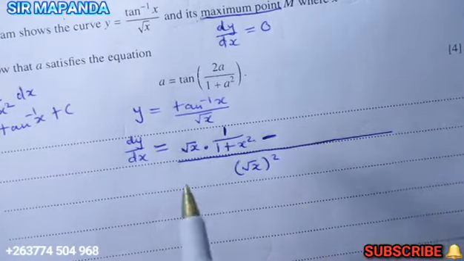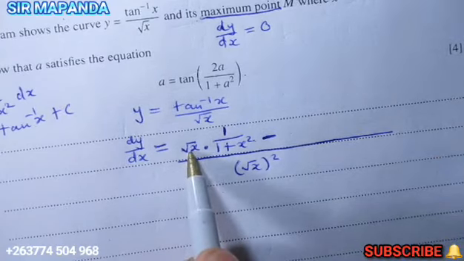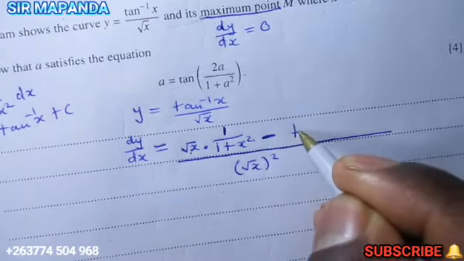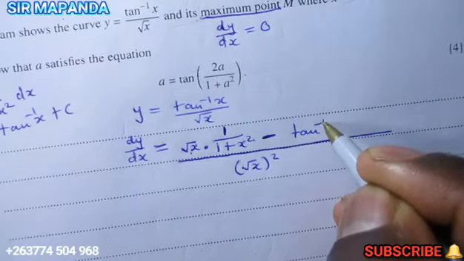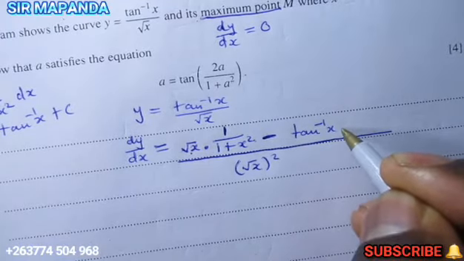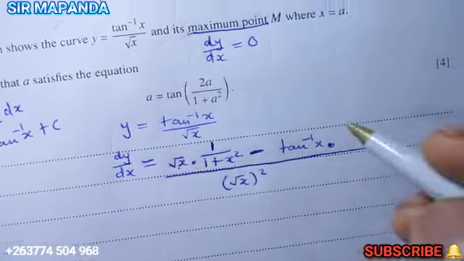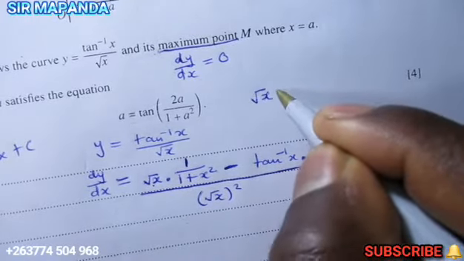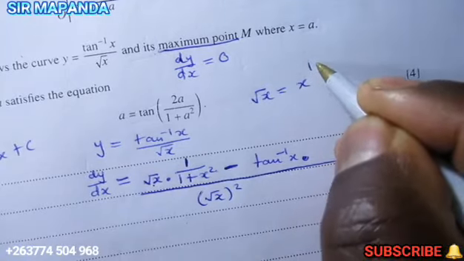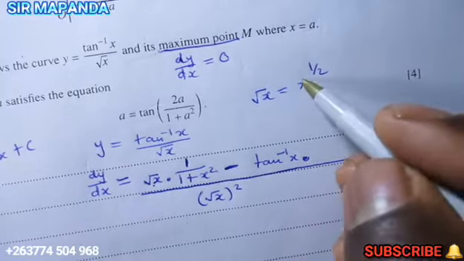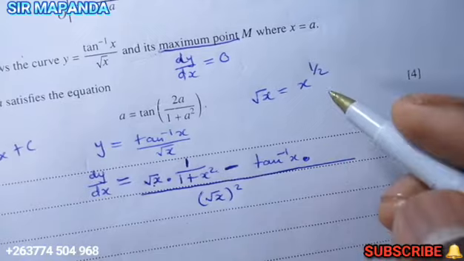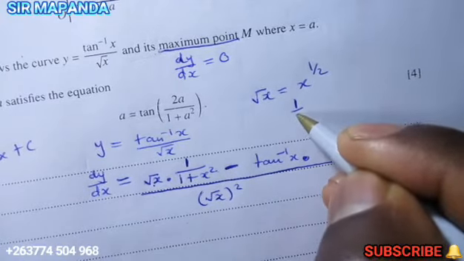So we now want to find the derivative of root x. So you start by writing the numerator, arctan of x as it is, then you put a dot product. So acknowledge that root x is the same as x to the power of half. So to find the derivative of x to the power of half, you start by multiplying.